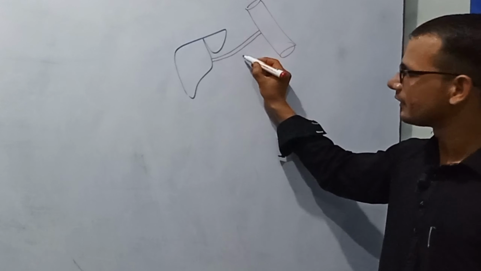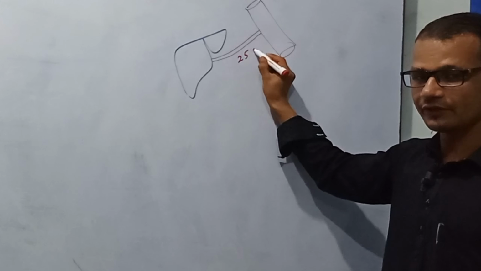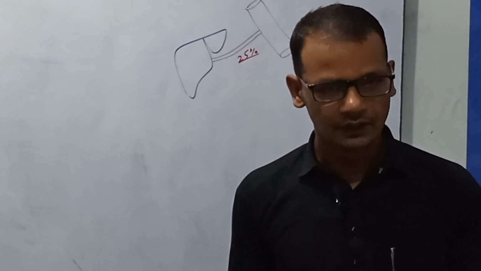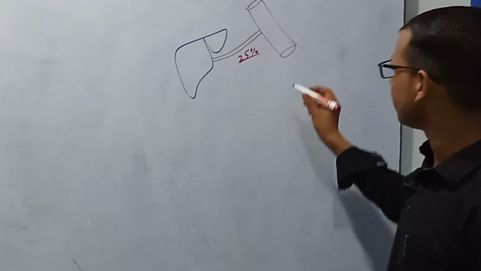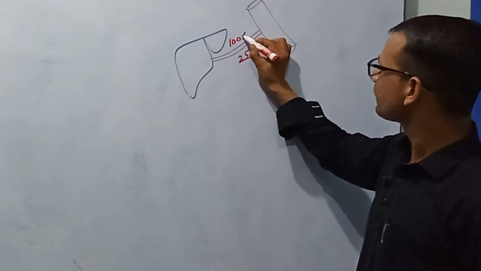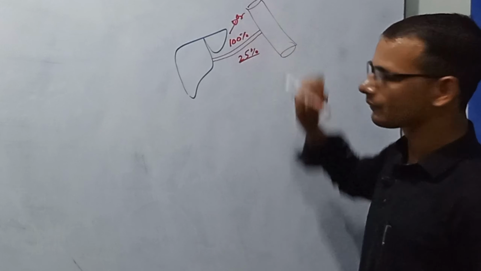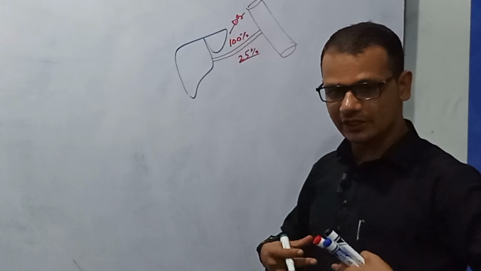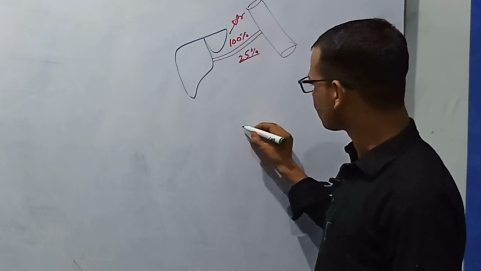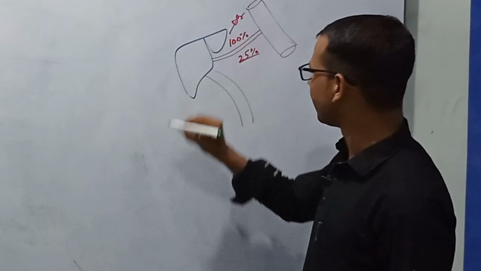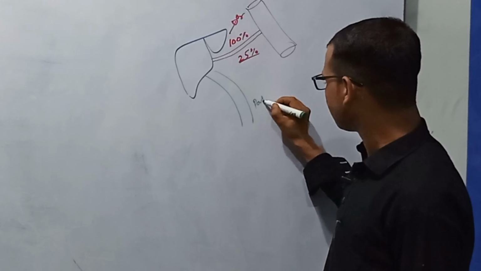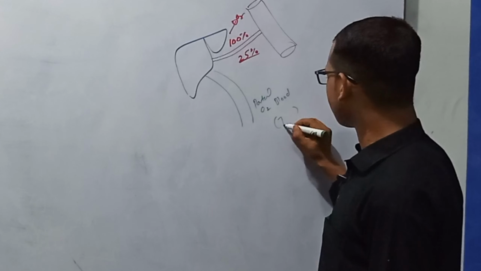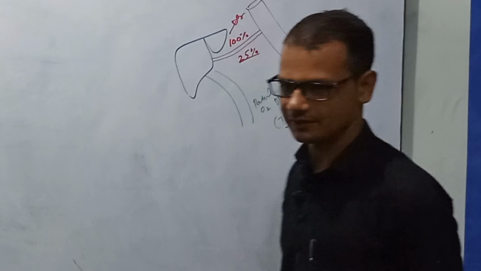But this is only 25% of the blood to the liver, and this blood is 100% oxygenated, right? 75% of the blood supply is from the GI tract through the portal vein. This is partially oxygenated blood, and the amount of this blood is 75%.